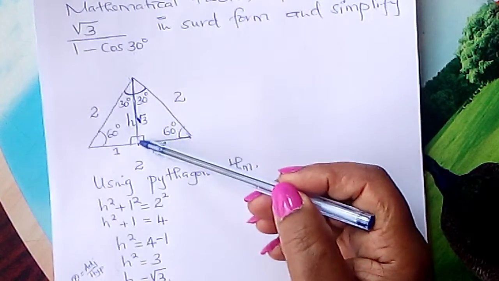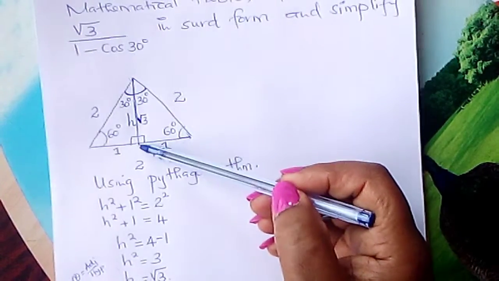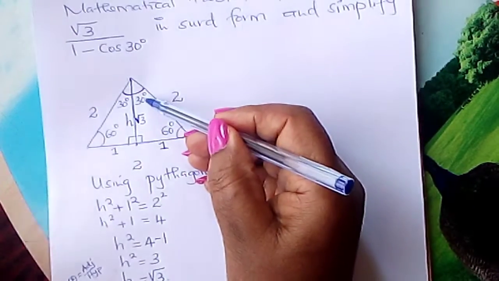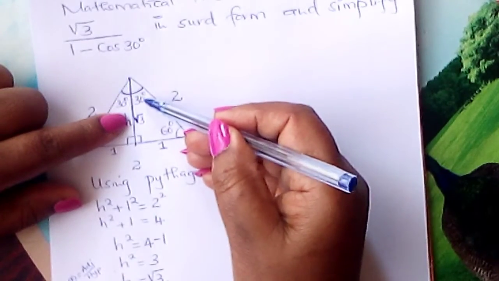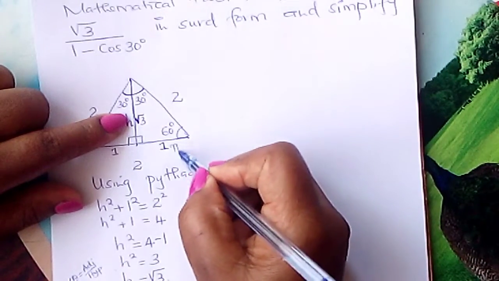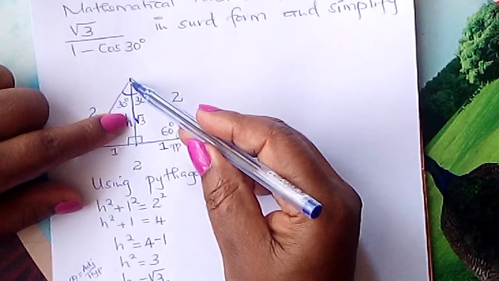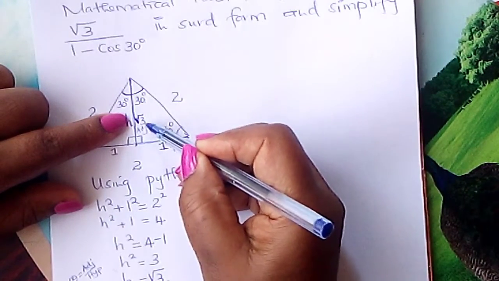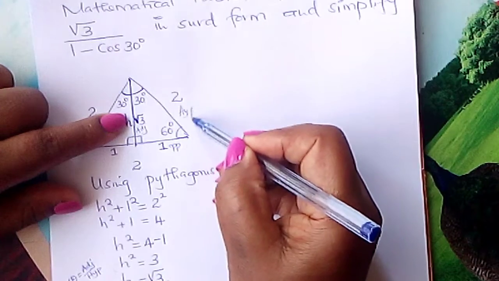We label the sides of this triangle. This is the opposite. It is opposite to angle 30. If this is angle 30, the side opposite it is called the opposite. And this other one here, learner, is therefore called the adjacent, and obviously this is the hypotenuse.